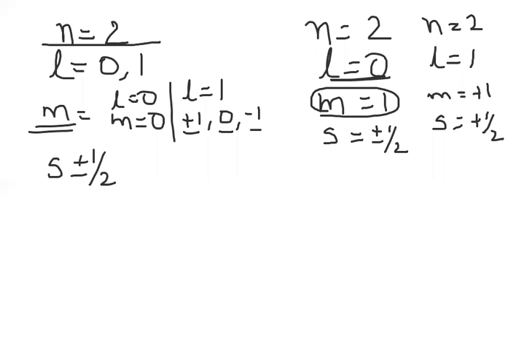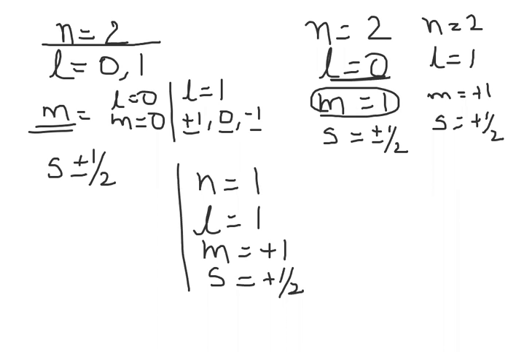Similarly, if I'm writing n is equal to, let us say 1, and I am writing l is equal to 1 and m is equal to +1, is this set of quantum numbers correct? No. Why will they not be correct?